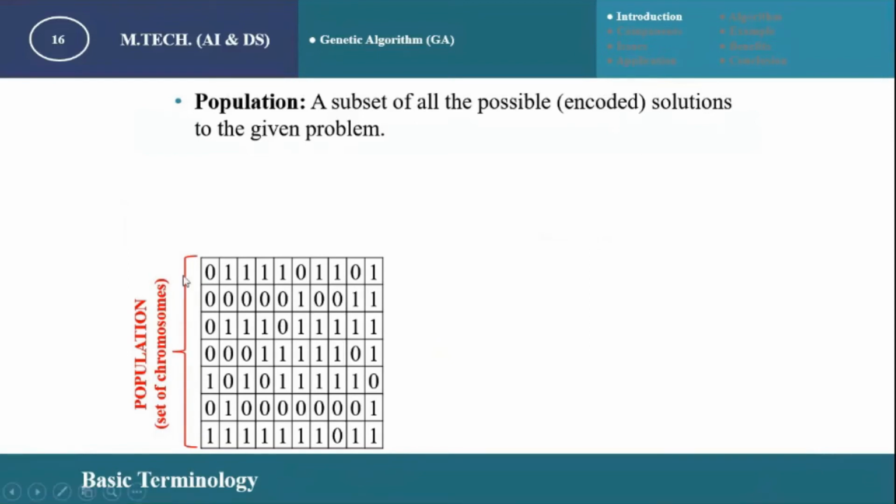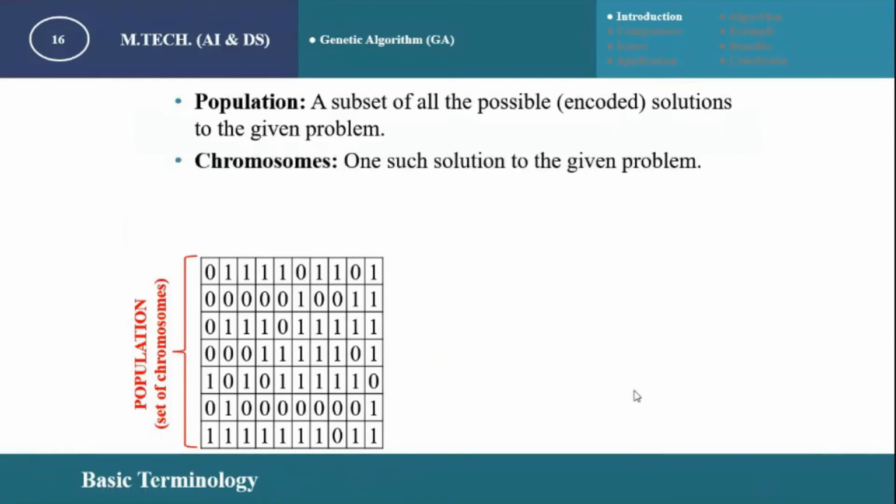Together all these solutions are a population. A chromosome is one such solution to the given problem, like this one: 0 0 0 0 0 1 0 0 1 1. It is also known as the individual or the candidate solution; the same thing is known by different names.